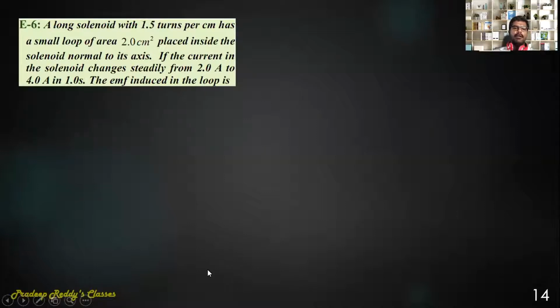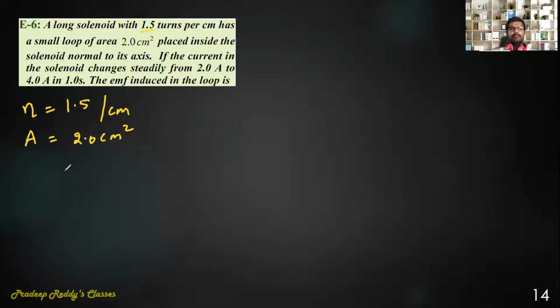Right. A long solenoid with 1.5 turns per centimeter, so the number of turns per centimeter is 1.5, has a small loop of area of cross section equal to 2 centimeter square placed inside the solenoid normal to its axis.